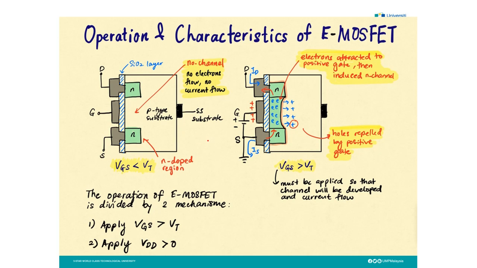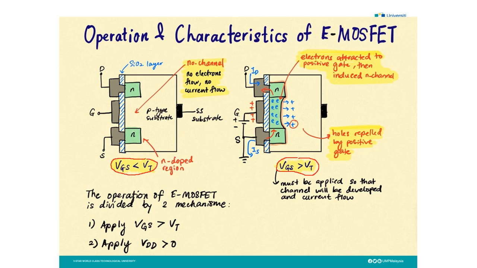Okay, the first thing that we must always remember is that the E MOSFET can be on if the VGS is greater than VT, like the second diagram here. Okay, VGS greater than VT. So the first diagram is the operation when the VGS is less than VT.